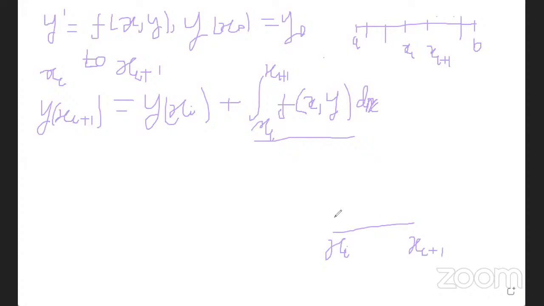What is f? f is nothing but y prime of x, another function of x, an implicit function of x.